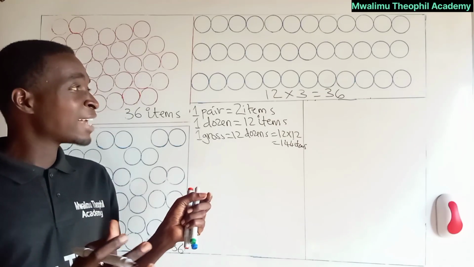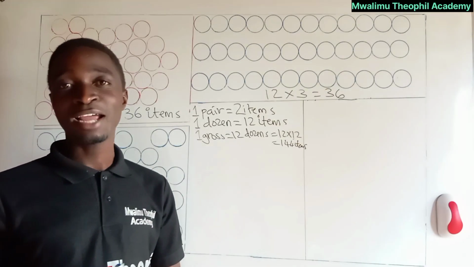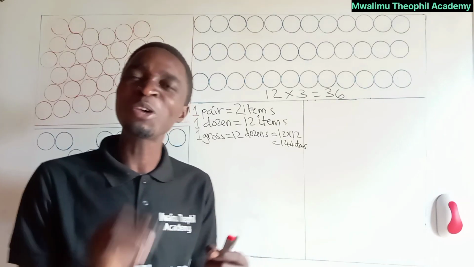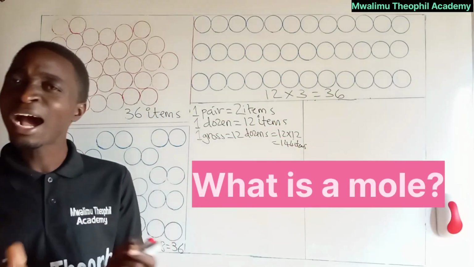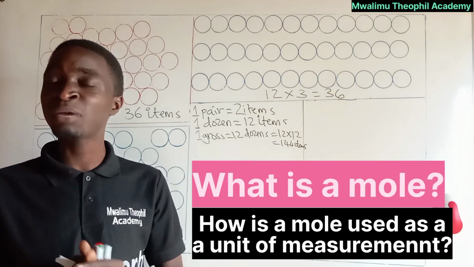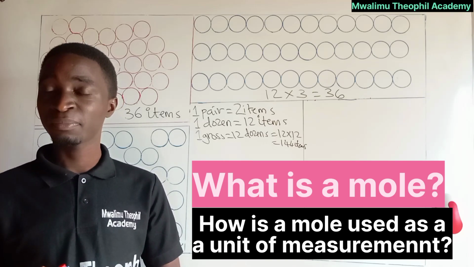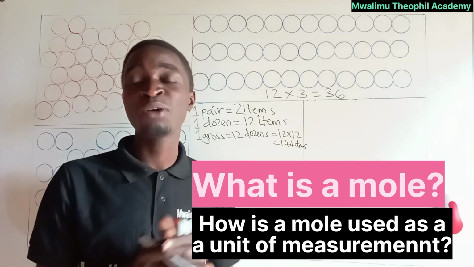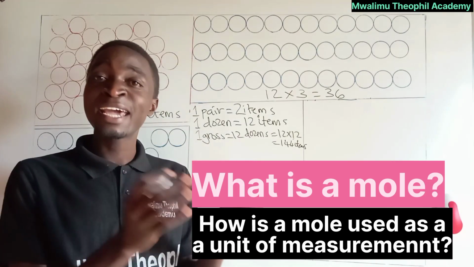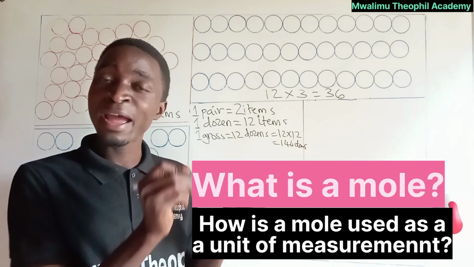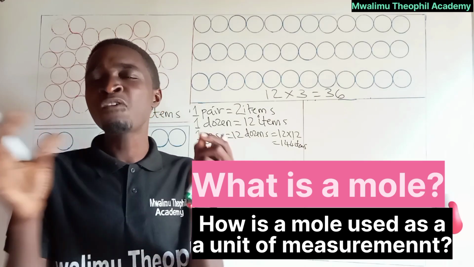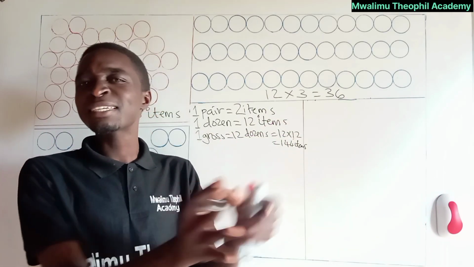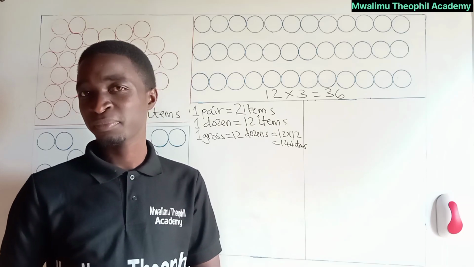So let us come back to our lesson. Our lesson is to know what is a mole. How is a mole used as the unit of measurement? You have to know that chemists sat down and came up with a way we can know the number of particles present in various chemical substances.